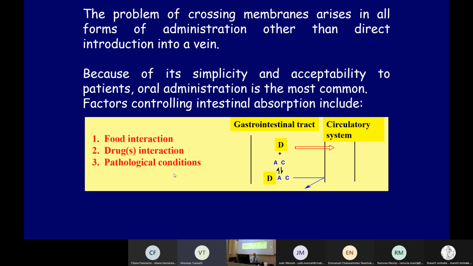But also there are the pathological conditions. If you have any problem with the intestine, diarrhea and so on, you can understand it's not so easy to have the ideal absorption when the health conditions are not the best.